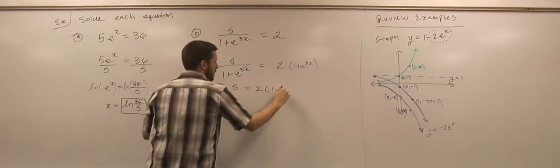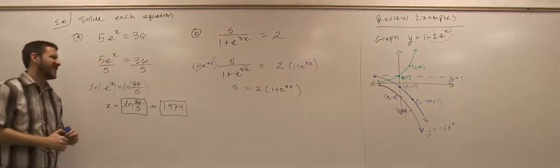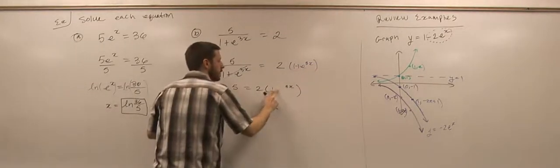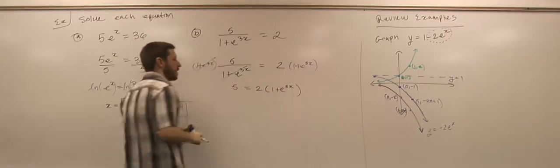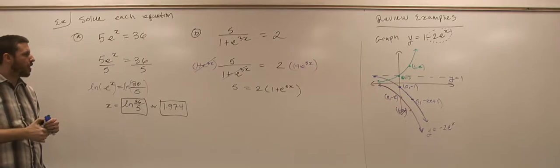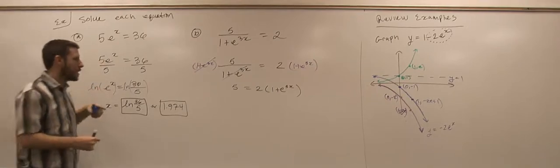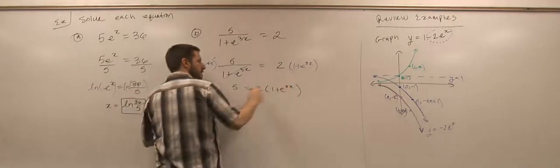2 times 1 plus e to the 3x. That's an e. Now what do you do? Eventually you want to get rid of the e by natural logging, but before you can do that, you have to isolate it.